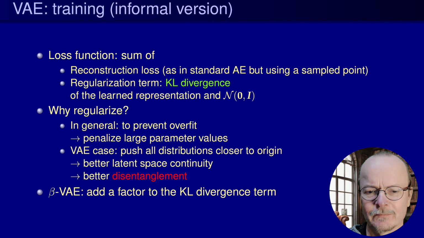By ensuring the encoded distributions are centered around the origin of the latent space, we encourage the model to learn such disentangled representations, making the latent space easier to understand and control.